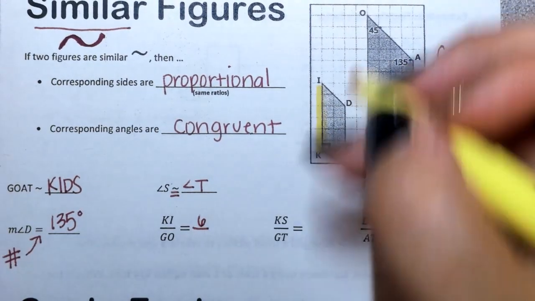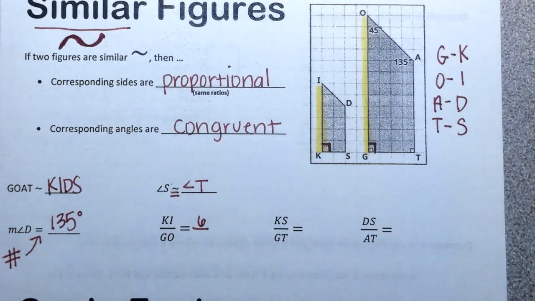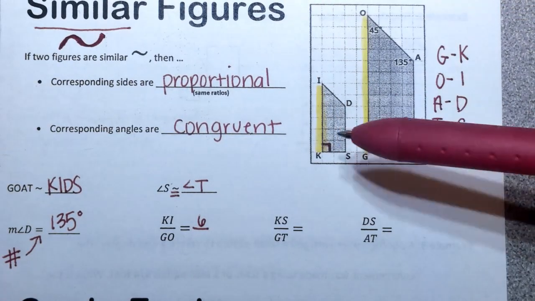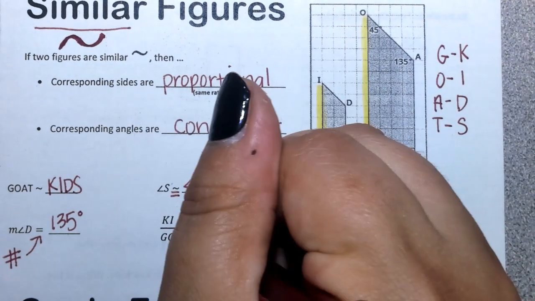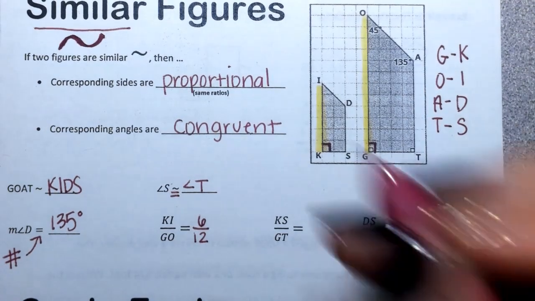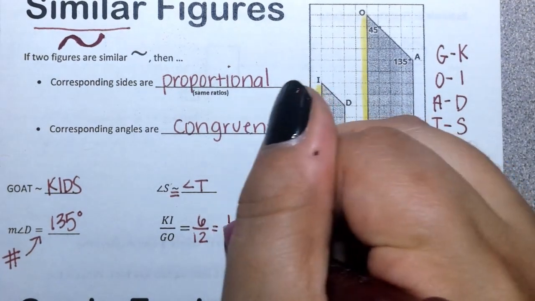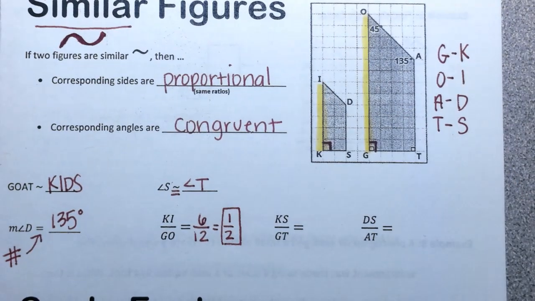What about GO? How long is GO? Count again. 12. And what is 6 divided by 12? So KI over GO, it's half its size.